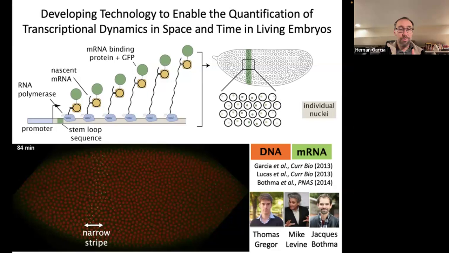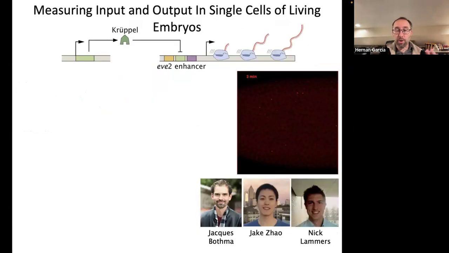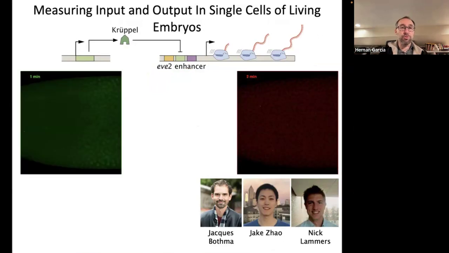Not only that, one of the cool aspects of this is that we're looking at an in vivo single molecule experiment, because each one of these dots reports on the transcriptional decisions made by an individual DNA molecule. Okay? So I just showed you how we can measure the output. Now we're zooming into that stripe, and you see how it becomes narrow. So that's the output. We've also developed technologies to measure the input.